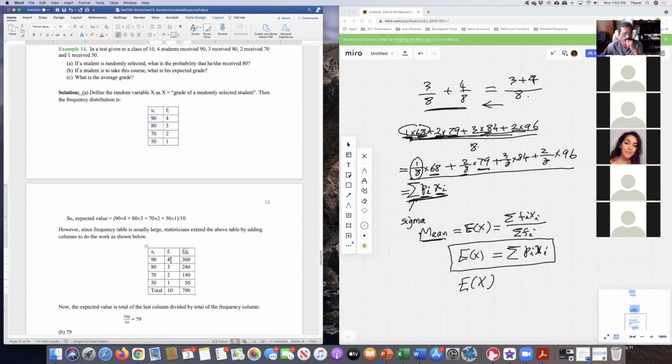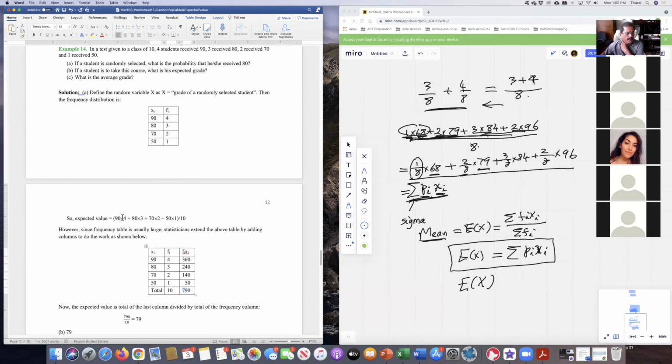Basically, you're multiplying each value of the random variable by its frequency. That part is 360, and 3 times 80 is 240, 2 times 70 is 140, 1 times 50 is 50. Now, if you add up this column, that gives you the total of all the grades. It's just an easier way to add up.